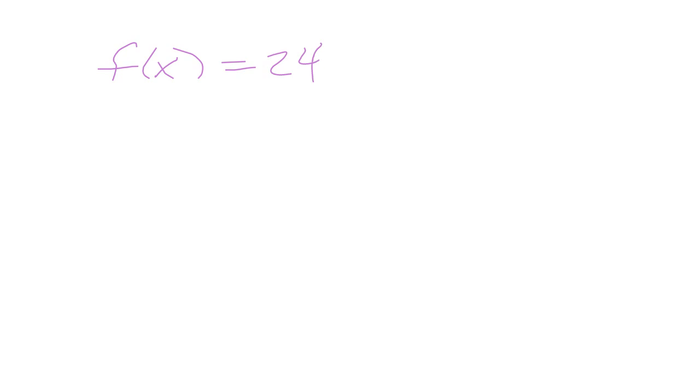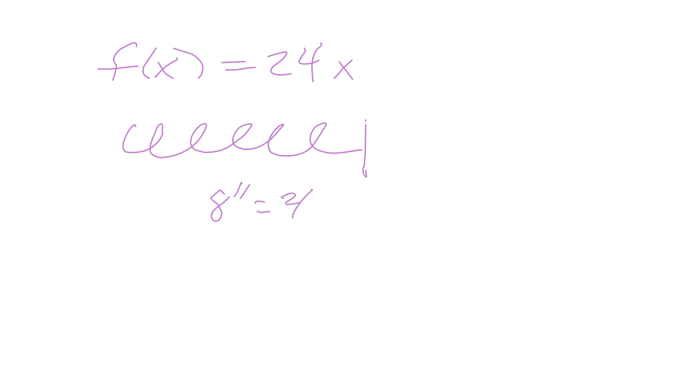Anyway, but we had 24x. So here's my spring, right? So I've got that, and that's where it is normally. Normally it's 8 inches, right? So this is 8 inches here. And basically, 8 inches is 2/3 of a foot. By the way, 2 tick marks is inches, 1 tick mark is feet, right?